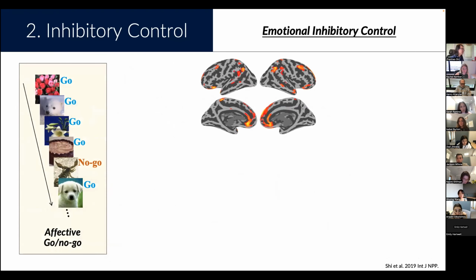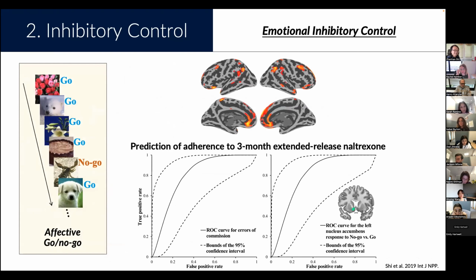Studies have also used the affective go-no-go task to measure inhibitory control. In one of our older studies, we found that the behavioral performance during this go-no-go task, as well as the ventral striatal response during this task, can predict treatment response in terms of adherence to a 3-month naltrexone treatment.